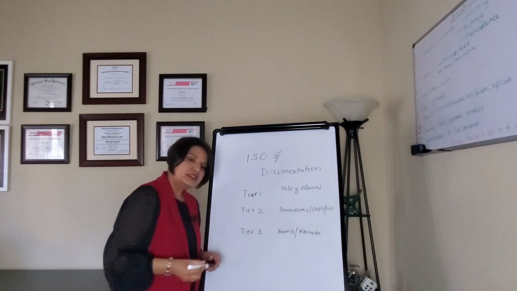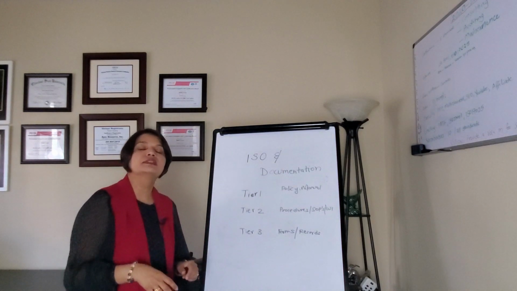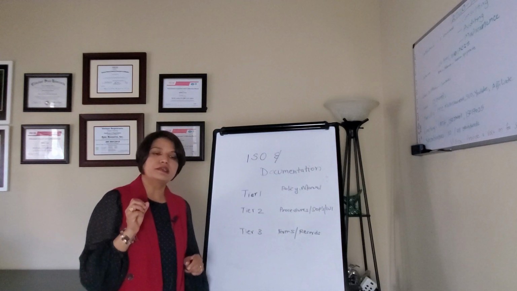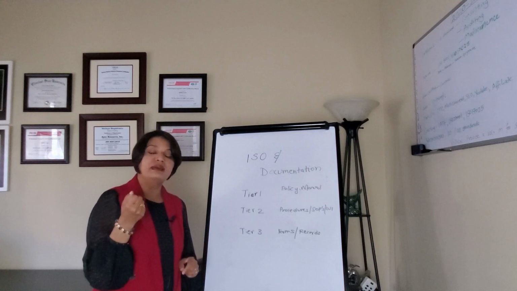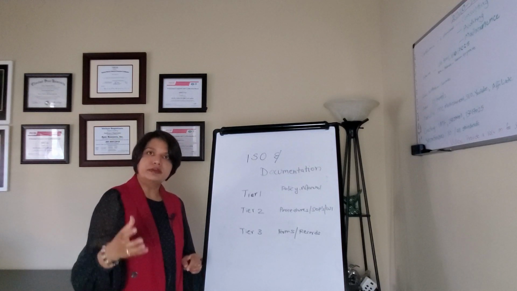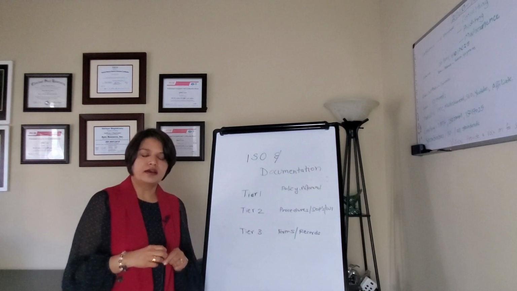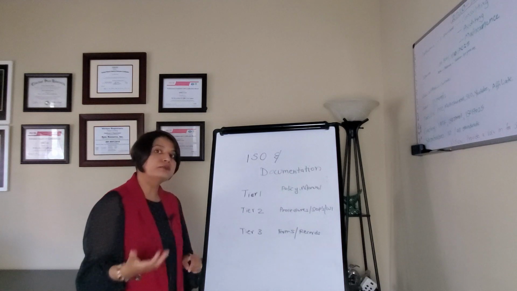Now, the standard doesn't say that every organization has to have the same amount of documentation, but it does say that there are some mandatory documents and mandatory records that are required. How you develop these is left to the organization to decide on the criticality of the processes.